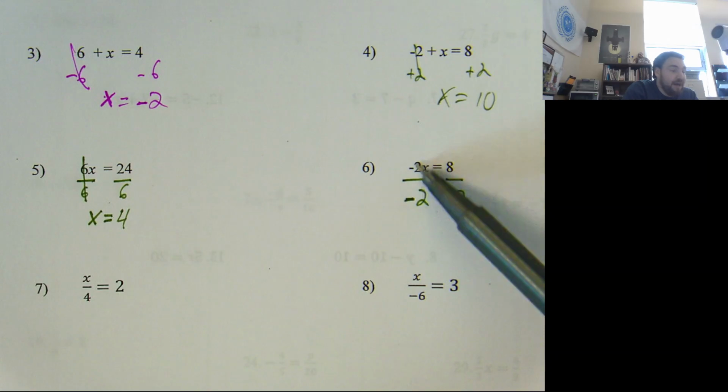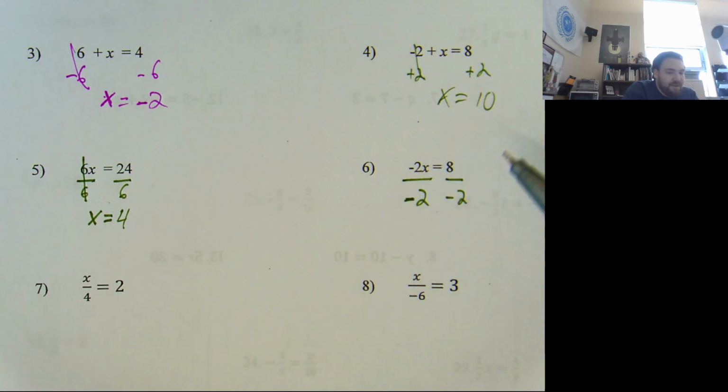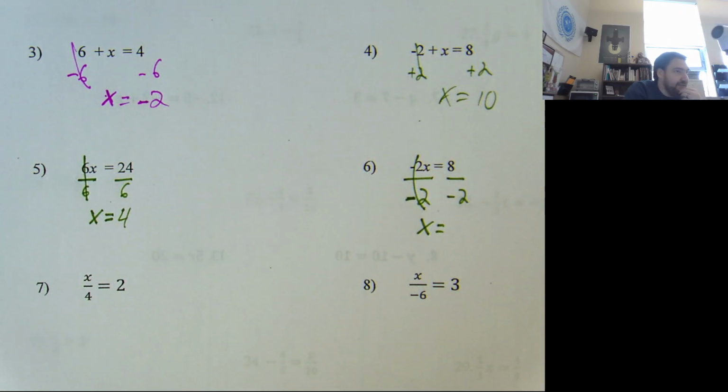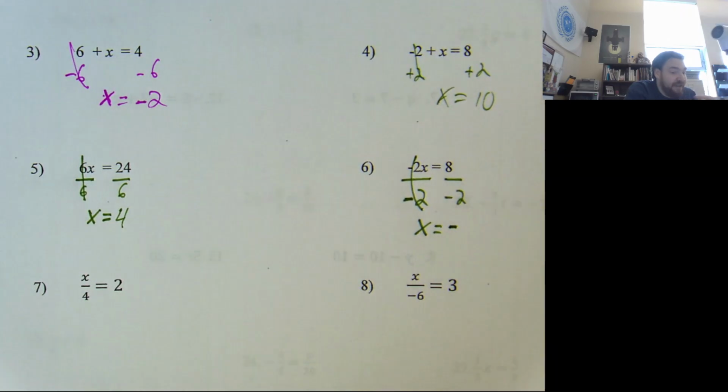We want this to become 1 because this would then just be 1x. So then the negative 2 and the negative 2 cancel, leaving us with 1x. And then 8 divided by negative 2 is? Yes, a positive divided by a negative is a negative. And 8 divided by 2? 4. So then x has to be negative 4.